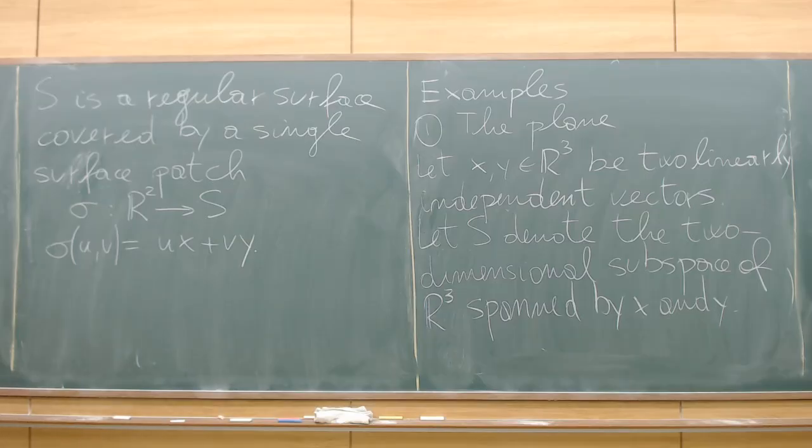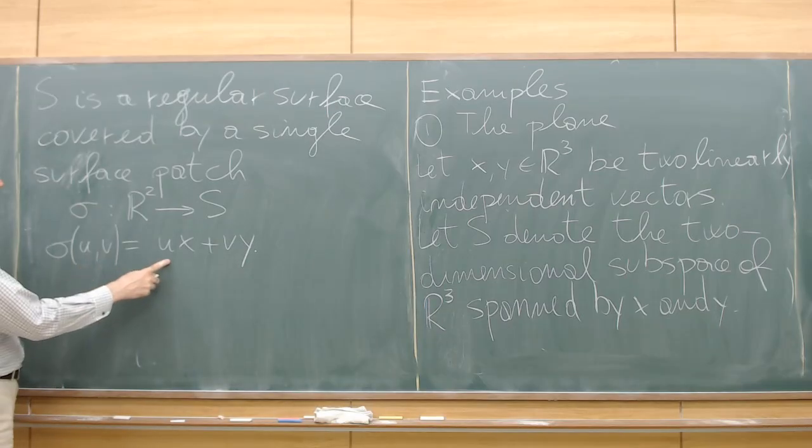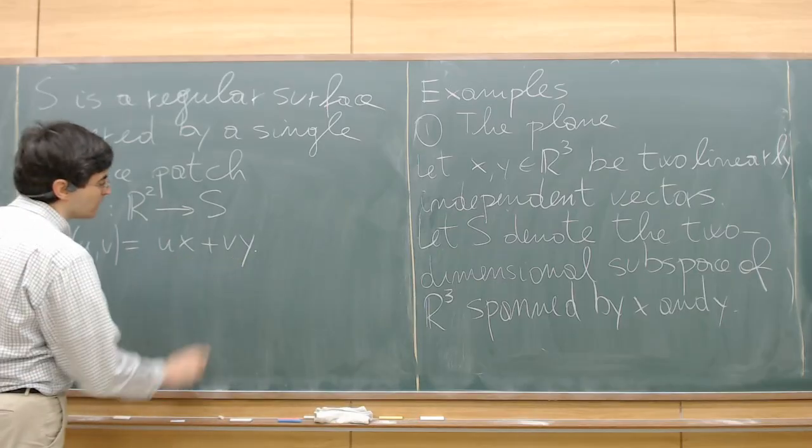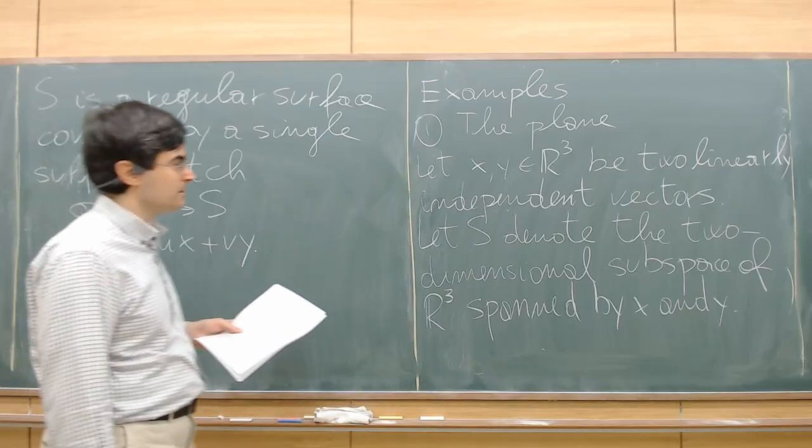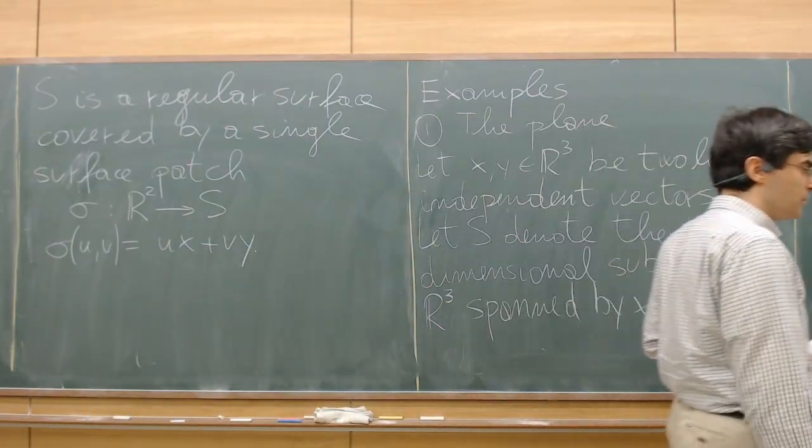So in other terms, sigma of uv is a linear combination of the vectors x and y. Now, what is a unit normal field on S?